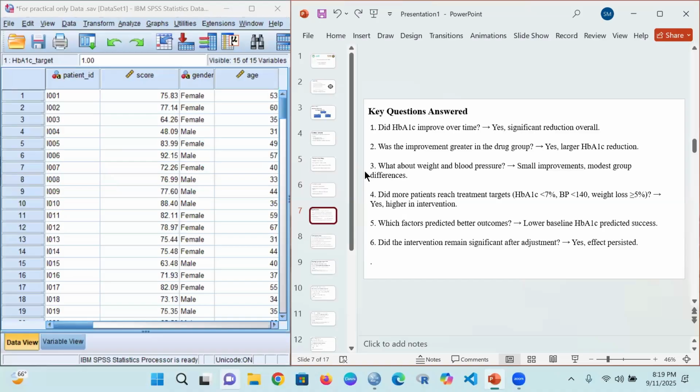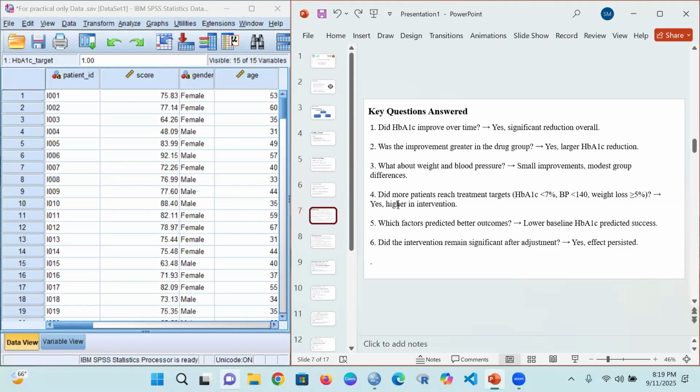So overall, what we can conclude for our study is that the drug significantly improved the HbA1c level and the likelihood of reaching the treatment target compared to placebo.